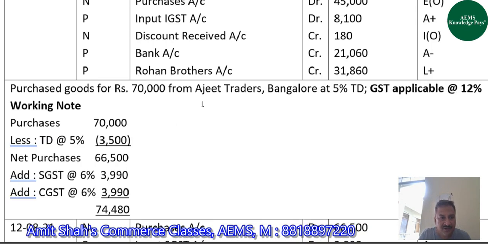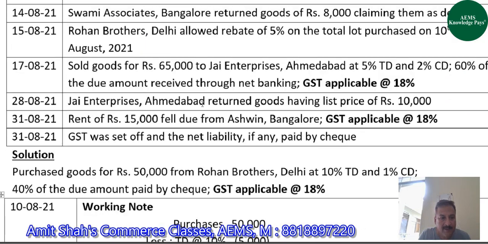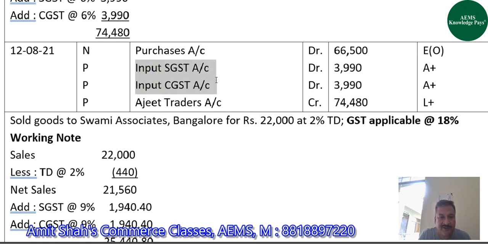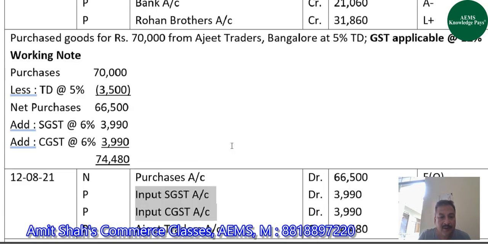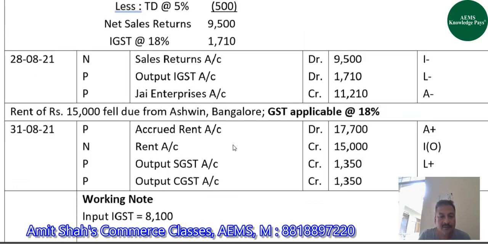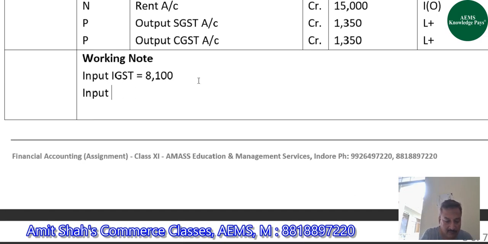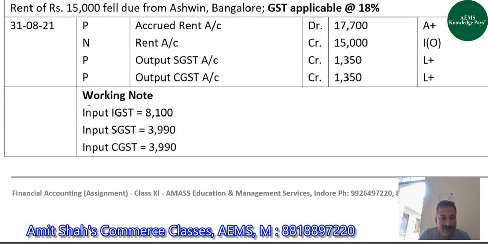Then in the next transaction, we have input CGST and SGST with rupees 3990, 3990 each. All these were debited guys and journal entries, right?